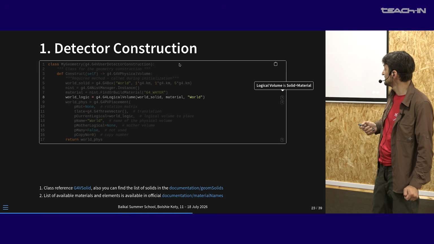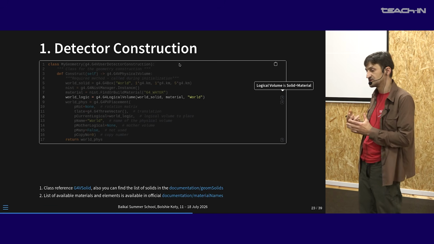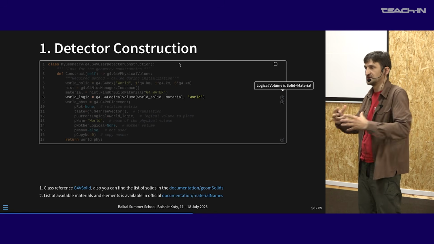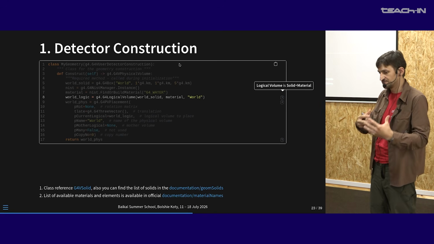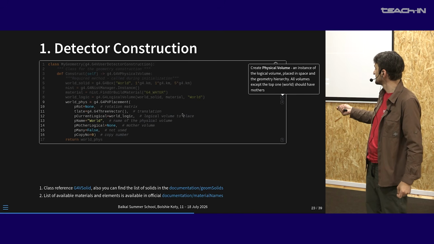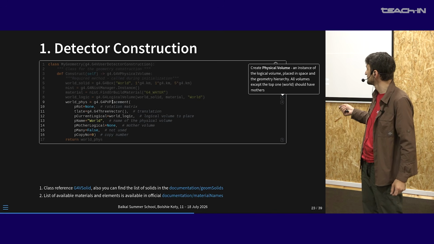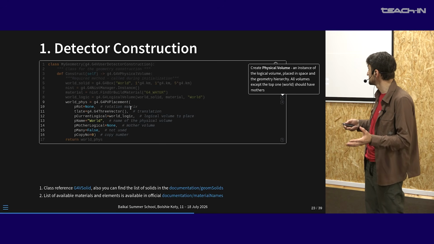And finally, from this logical volume, we need a physical volume. A physical volume is a logical volume placed somewhere, so it needs coordinates. In this example, it's done with G4PVPlacement. We can define a rotation matrix, a translation matrix.